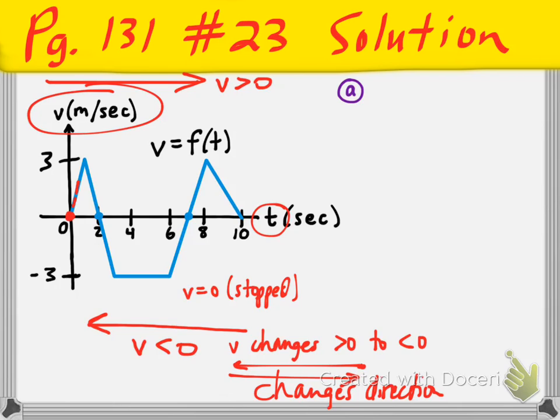Time is always going to go from 0 to 1 to 2 to 3 and so forth. So here we see time equals 0 all the way to time equals 10. As the clock starts ticking, the particle's velocity is getting bigger. In fact, when t equals 1, we see the velocity has a maximum of 3.